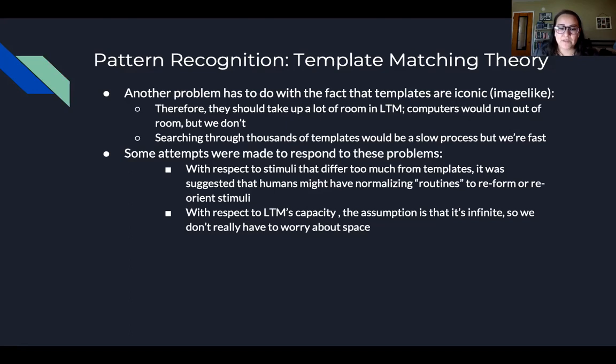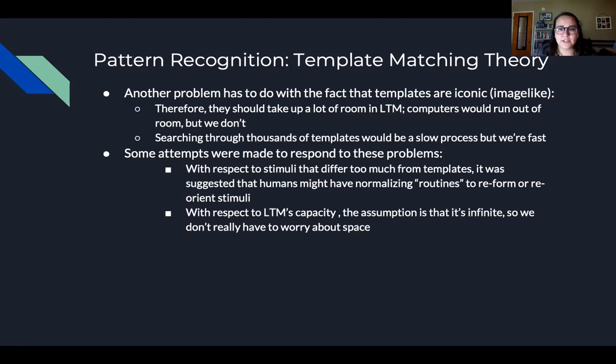But in response to these critiques, the cognitive theorists who put forward template matching did respond to some of these problems. They responded to this idea of how inefficient this is, where we have to literally sort through these templates one by one in our head to see if we can find a match or not.